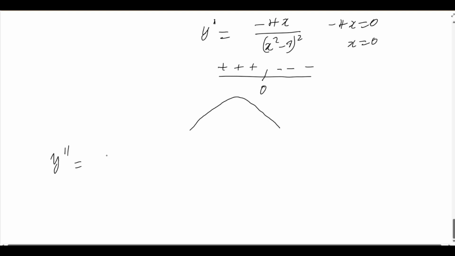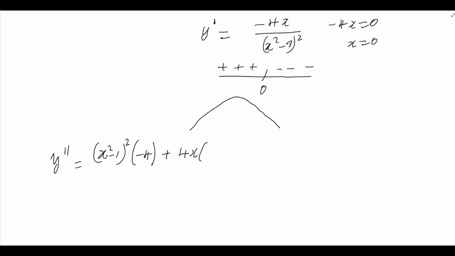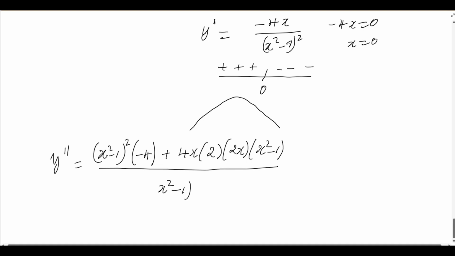So again, we're going to have the denominator, the bottom, (x squared minus 1), all that squared. The derivative of the top is -4 minus the top, so plus 4x. The derivative for the bottom is 2. We differentiate inside, then we copy the same function and we reduce the power by 1. All of that will be divided by (x squared minus 1) to the power 4.